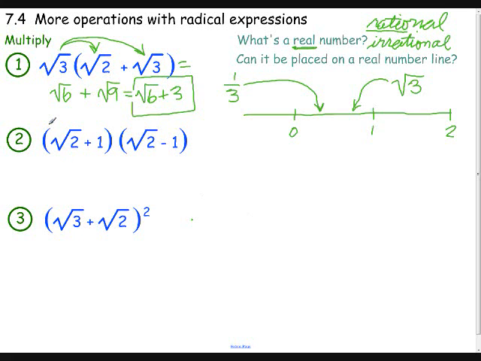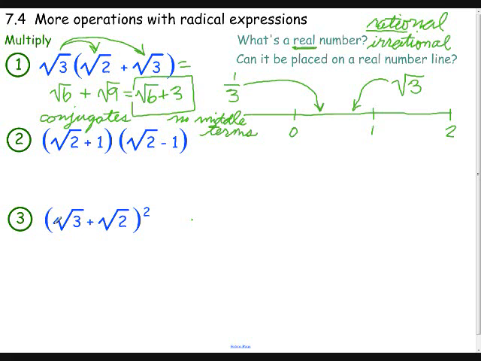What have I got here? You know this. This is something that I talk about a lot. And do you remember why I like these so much? No middle term. And that's going to turn out to be very important to us in a few minutes when we try rationalizing a denominator.